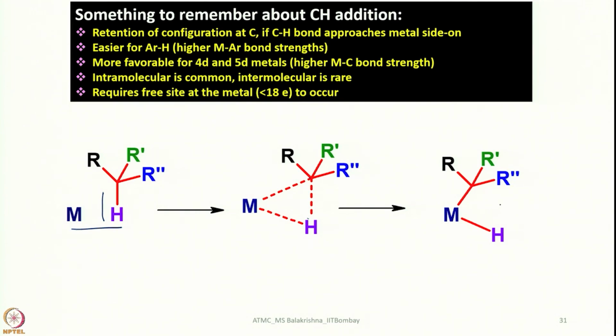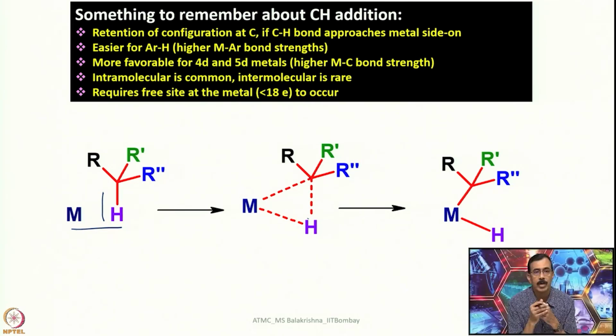This is easier especially for aryl groups, because usually with 3d, 4d, 5d, as you go down, metal to aryl bond strength increases. Also compared to alkyl, aryl bonds are more stable because of reinforcement of the metal to carbon bond by delocalized electrons present on carbon.